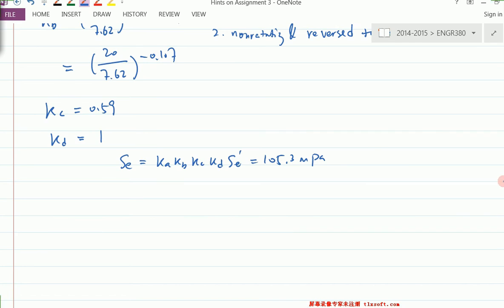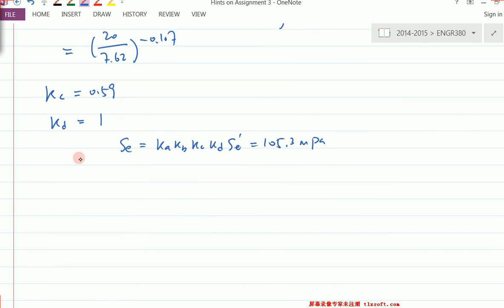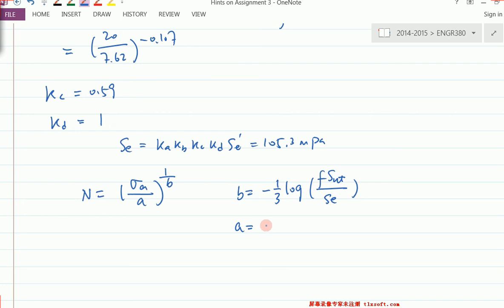So what do we do for the number of cycles to failure? In the lecture, we learned that to estimate the number of cycles to failure, we use the formula N equal to sigma A over A, and then to the power of 1 over B. Where B equals nearly 1/3 log F SUT over SE, and A equals F SUT squared over SE, right?